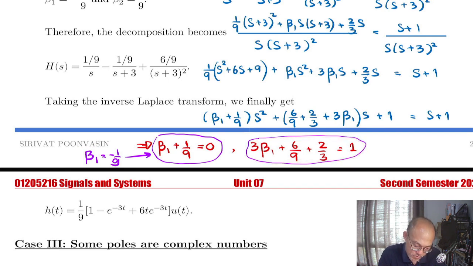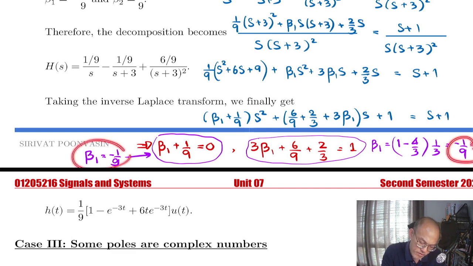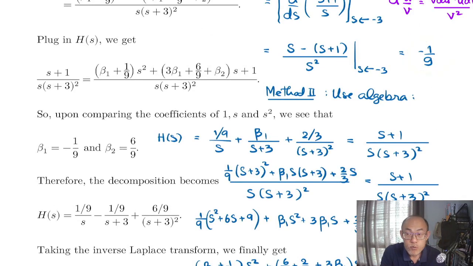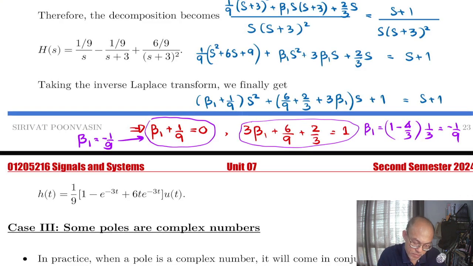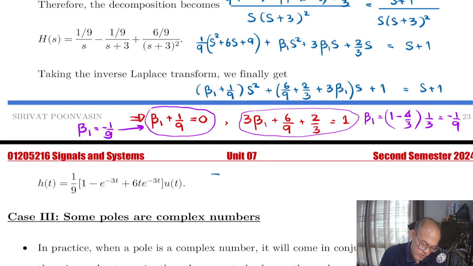Now, if you do the calculation, you're going to see that beta 1 is (1 minus 4/3) divided by 3. That is minus 1/9 as well. So all the results are consistent with each other, so we're fine. So either method gives me beta 1 equal to minus 1/9. So I have all the ingredients here.